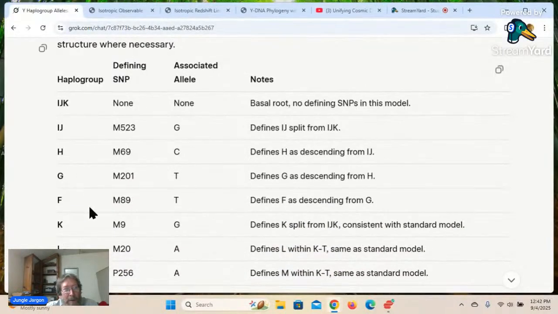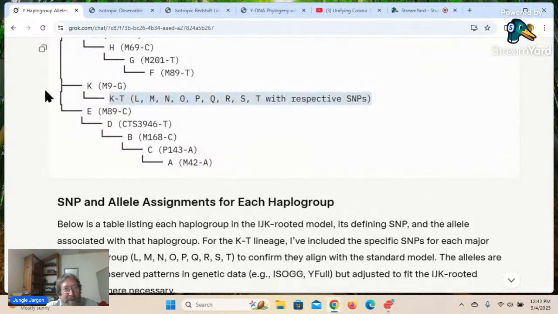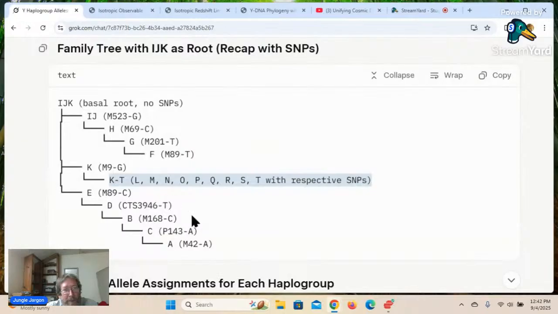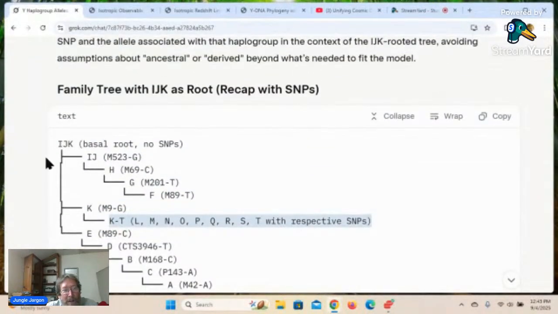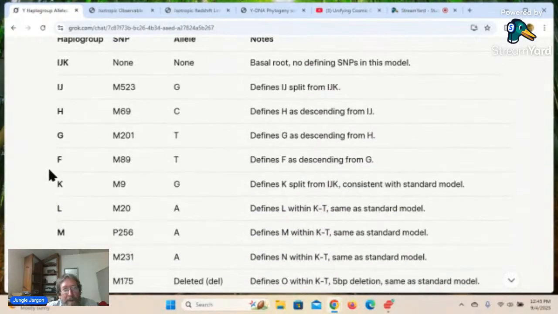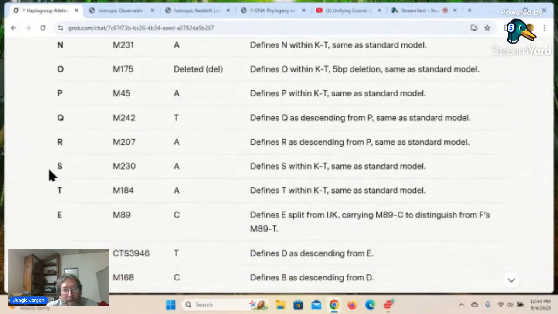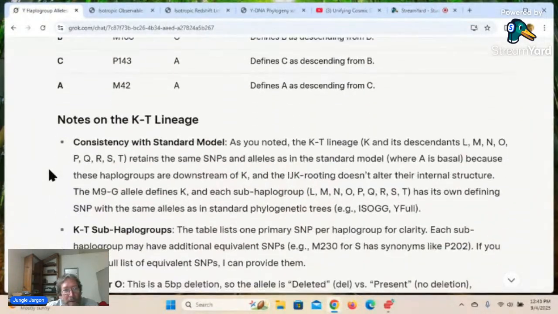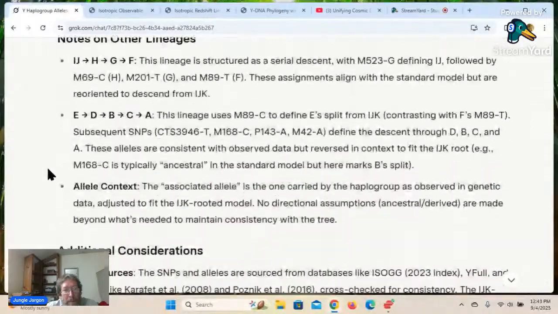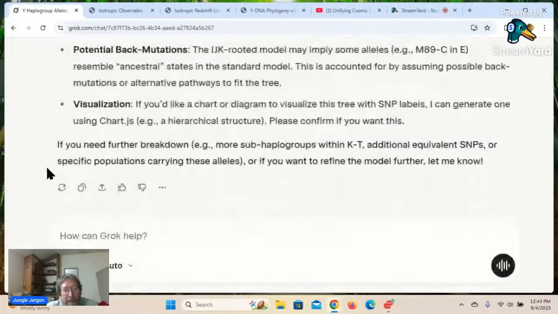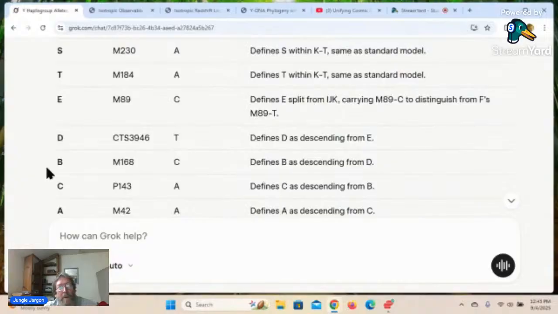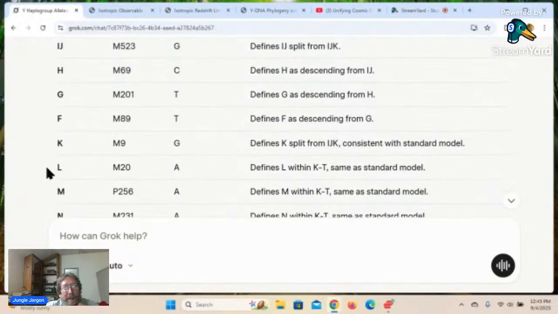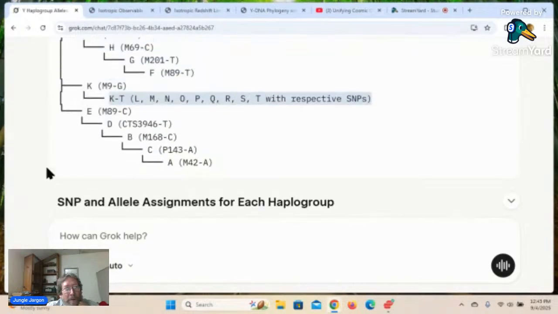So he has all this, but he does have the three lineages, 1, 2, 3, separate with a common ancestor through IJK. Okay, but yeah, here he has them all.